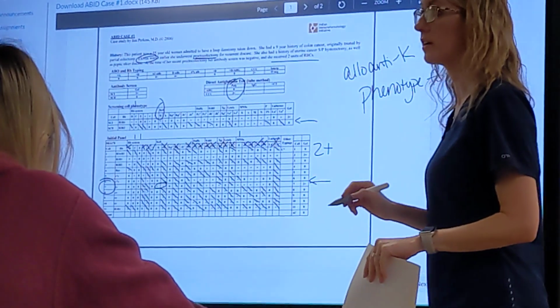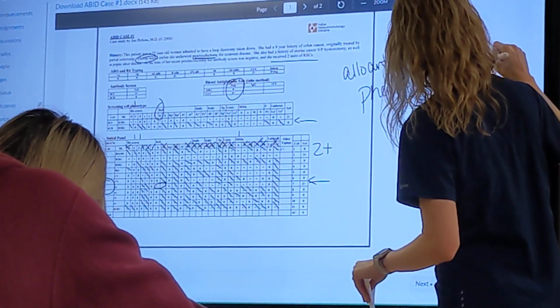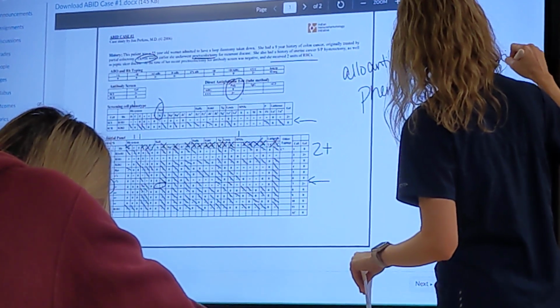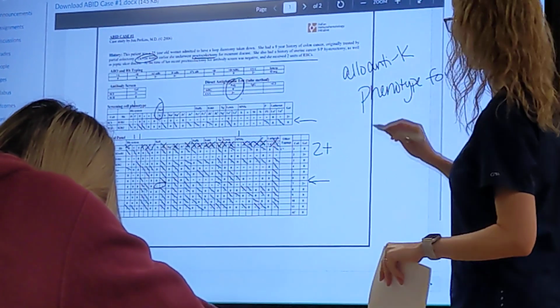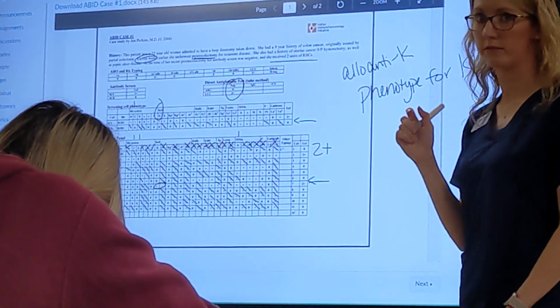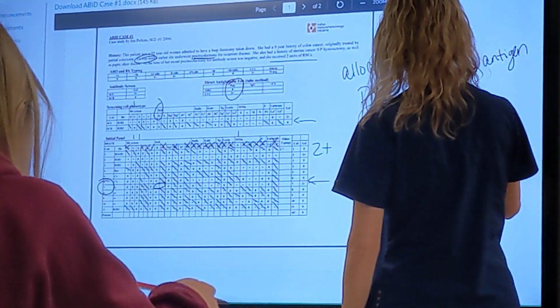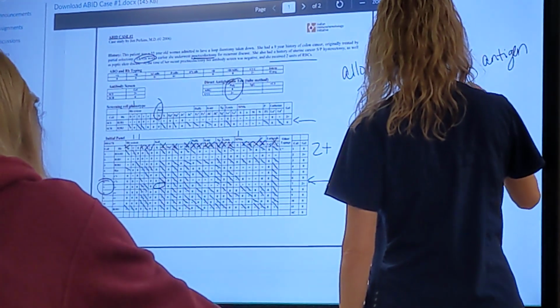And so we're phenotyping for the K antigen, right? What should she be if that's her antibody? Positive or negative for Kell? Negative. She needs to be Kell negative, which means she could have the anti-K antibody.